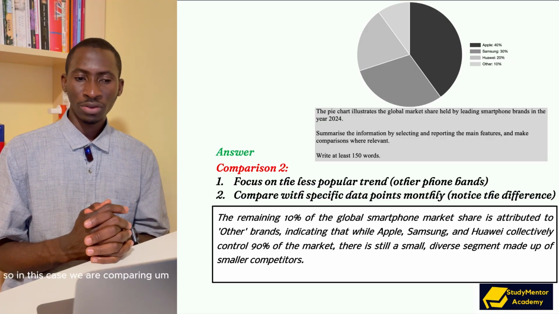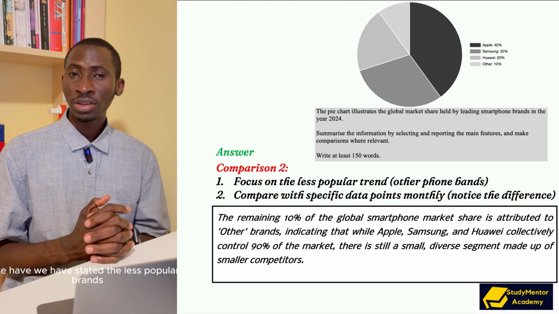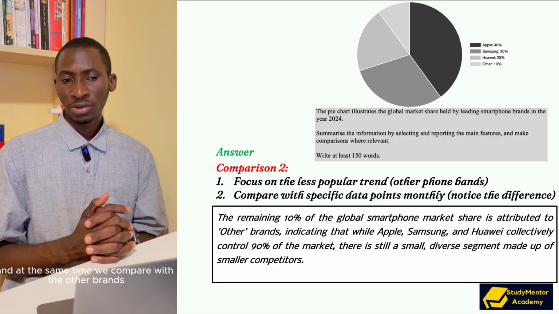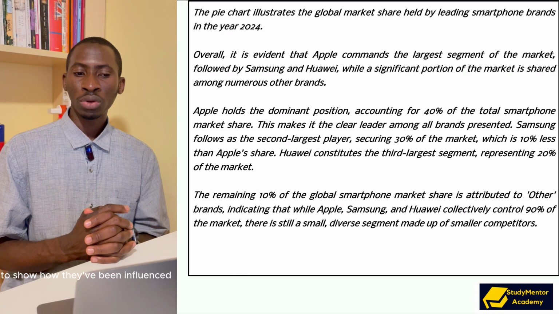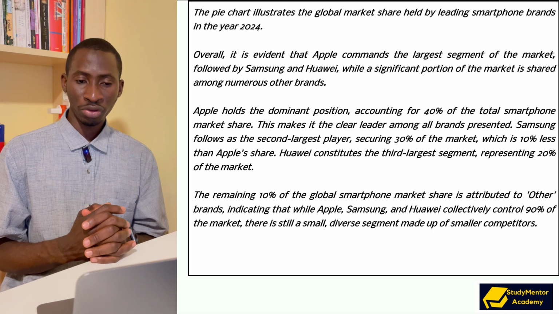So in this case, we are comparing, we have stated the less popular brands, and at the same time, we compare with the other brands to show how they've been influenced in this data, in this results.